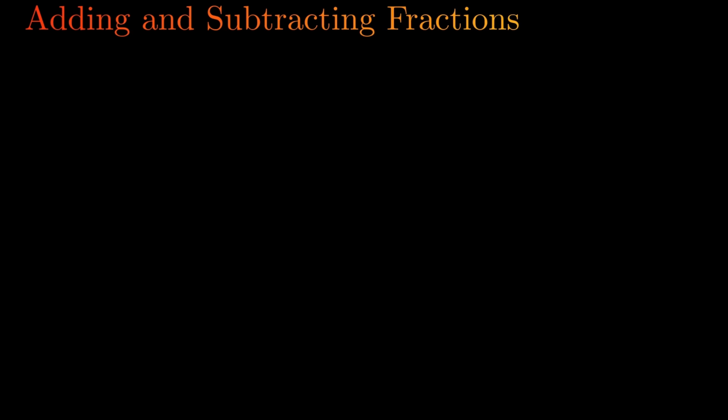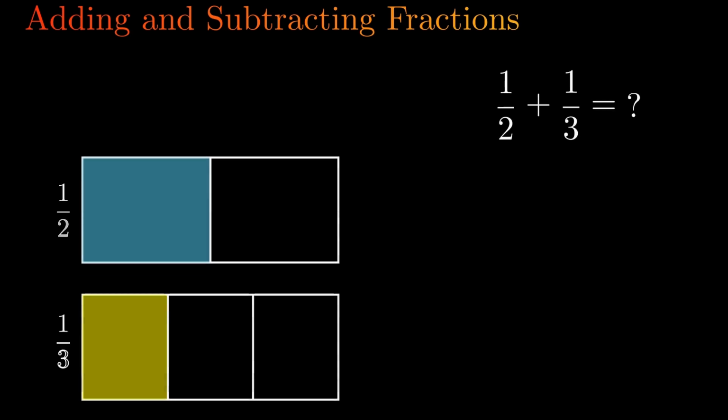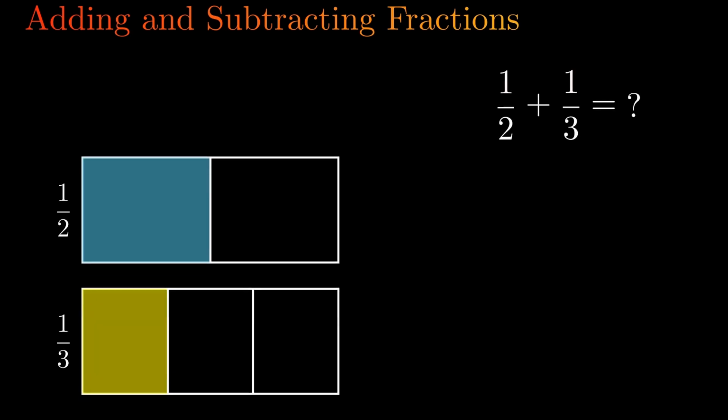Let's try a real challenge. Imagine you have 1/2 of a cake, and you want to combine it with 1/3 of a cake. Look at these two slices. They are different sizes. We can't just add the numerators and say 1 + 1 is 2. That would be like adding apples and oranges. To add them, we need the pieces to be the exact same size.